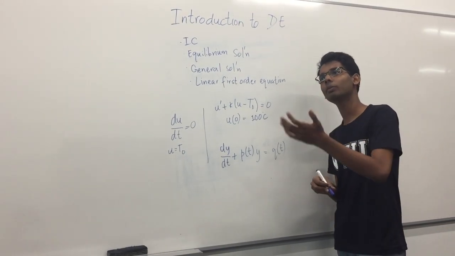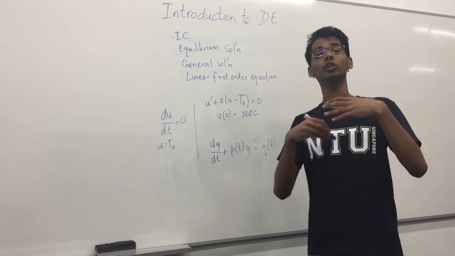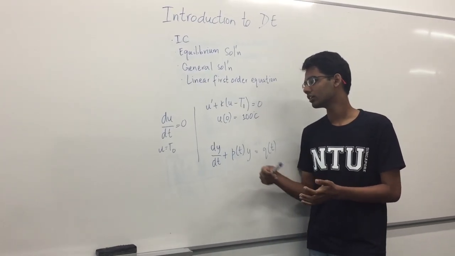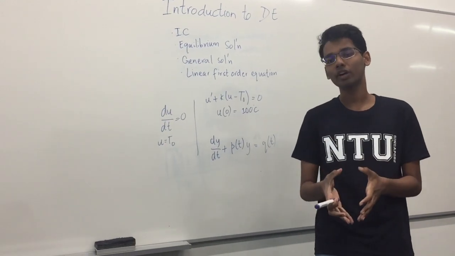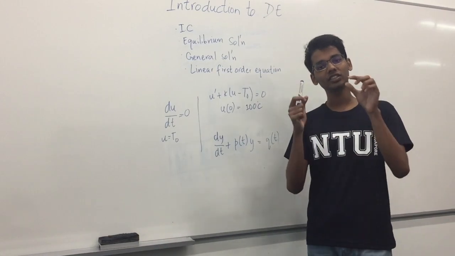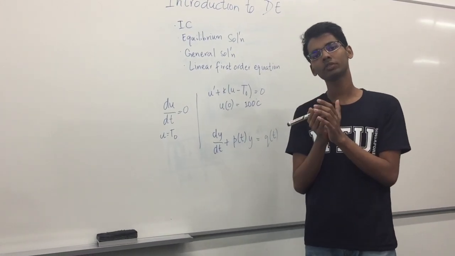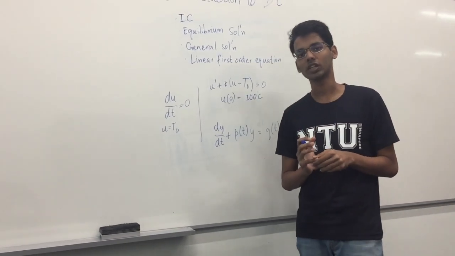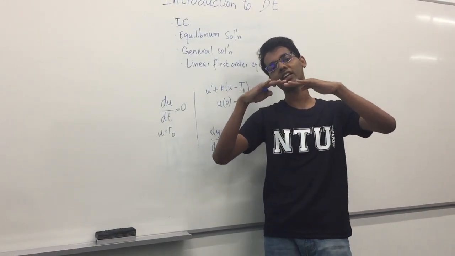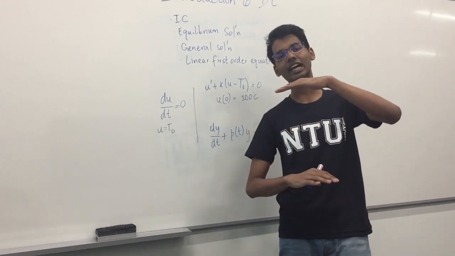Which means that in an equilibrium state, when there's no rate of change of temperature in our solid body, the temperature of that body is going to be T naught. This is taken over a very short interval of time, like saying limit delta t tends to 0. We're taking a very, very small time, and we say that the slope is almost flat, parallel to the x-axis.